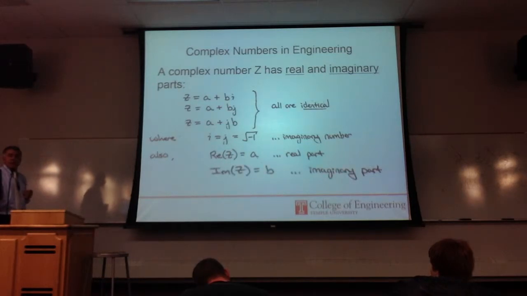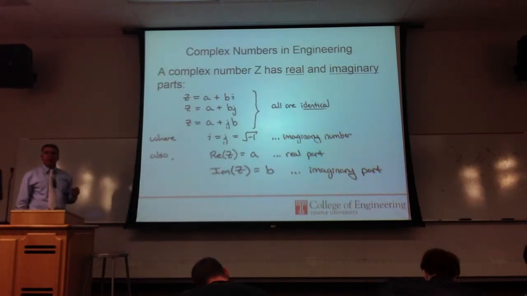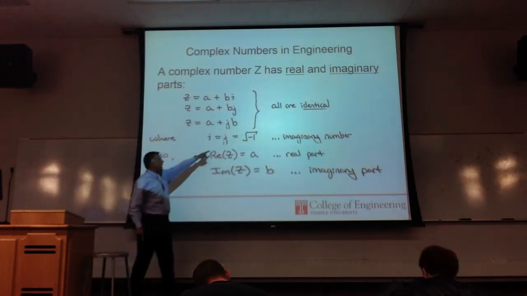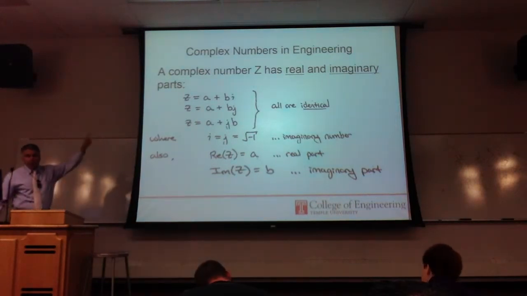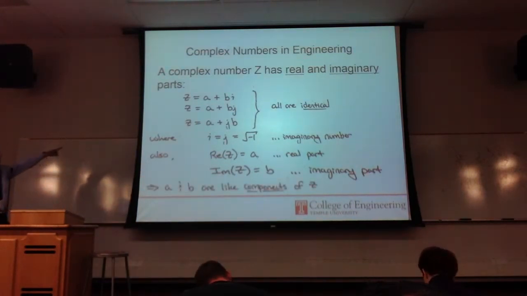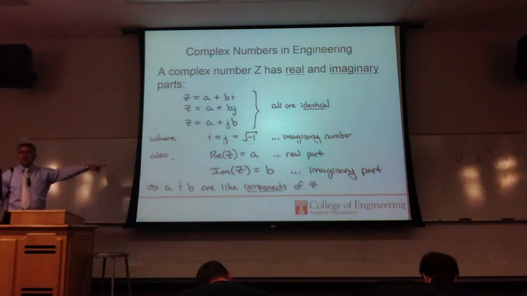It's B. So B represents the imaginary part. What makes B imaginary is what? J, right? So in fact, both A and B are components of Z.